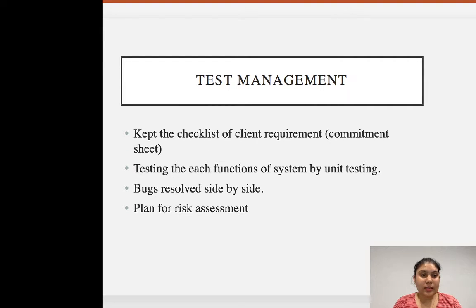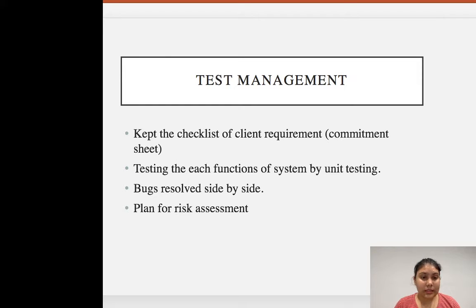The next thing is to manage a test. To manage a test, we make a checklist from the client requirements, or we call it a commitment sheet, in which we make sure that every requirement given to us is there in the software. We manage the checklist so that we can manage the tests that need to be performed on every module.